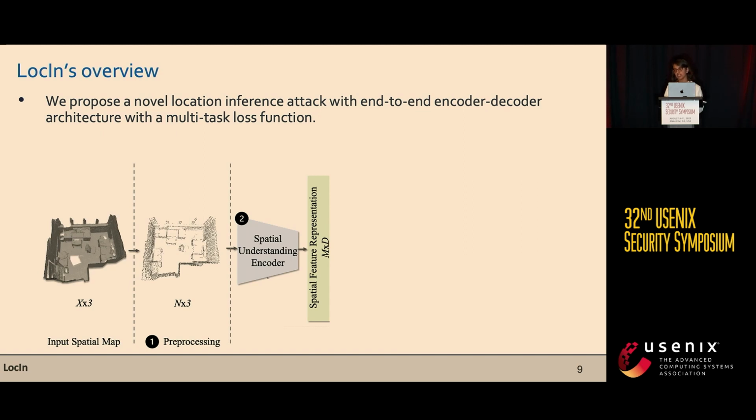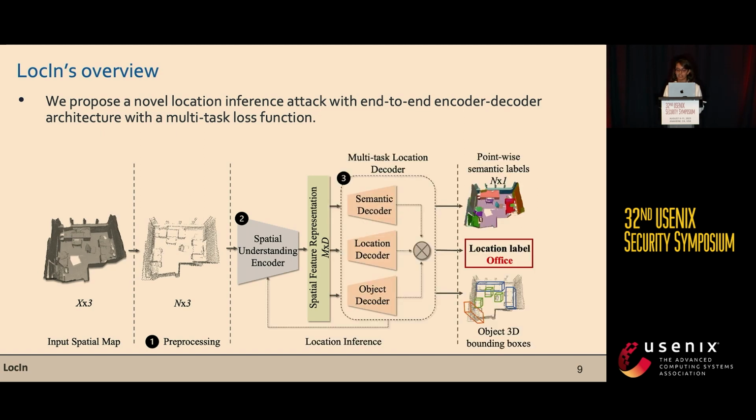This representation is then fed onto LocIn's decoder, which consists of three main components. The first component is a location decoder, which is a fully connected neural network that is trained to predict the type of environment solely based on the spatial feature representation.